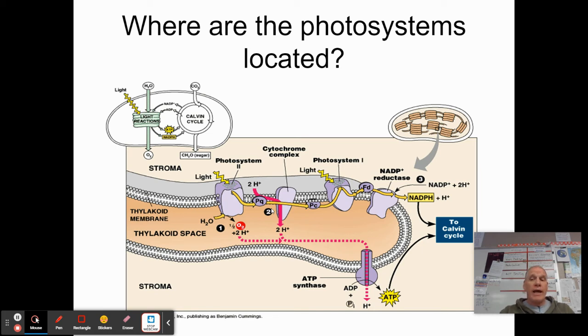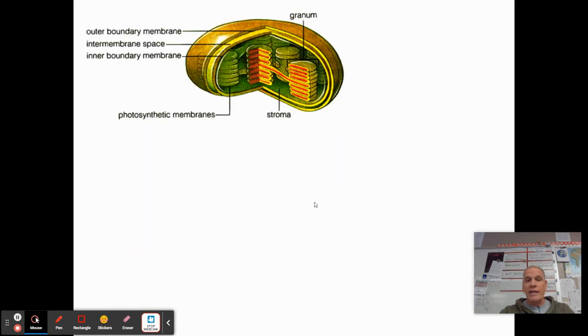This is a form of active transport. No ATP is being used in this; however, we're using the energy of these high energy electrons. After they go through the cytochrome complex, those electrons have lost their energy. They now go to another mobile protein element of the phospholipid bilayer called plastocyanin.